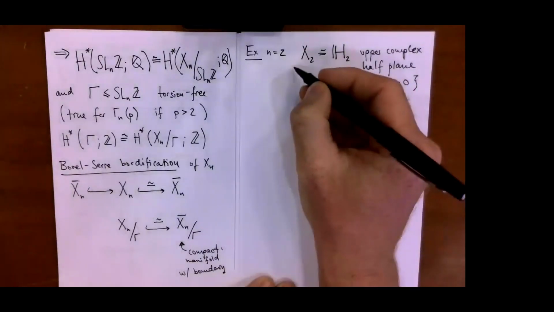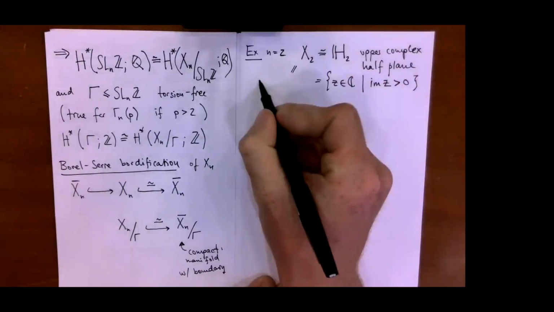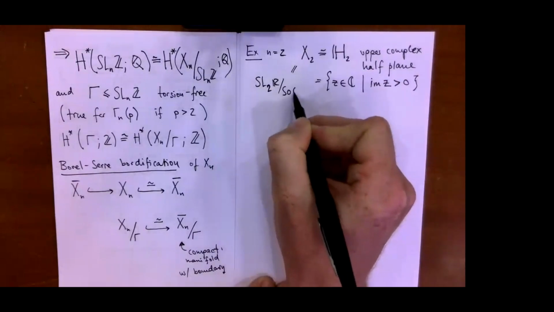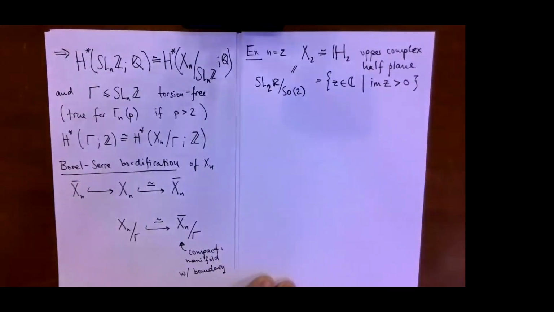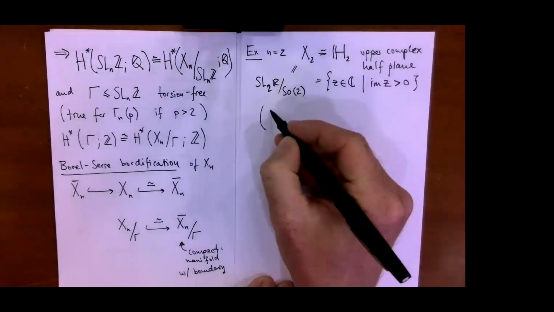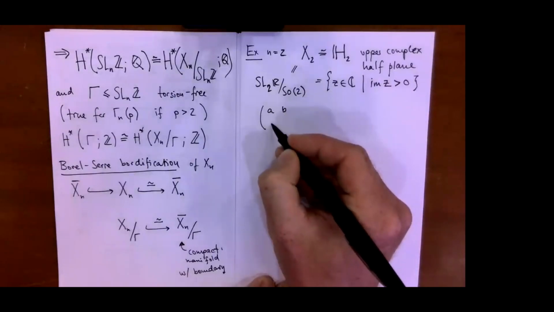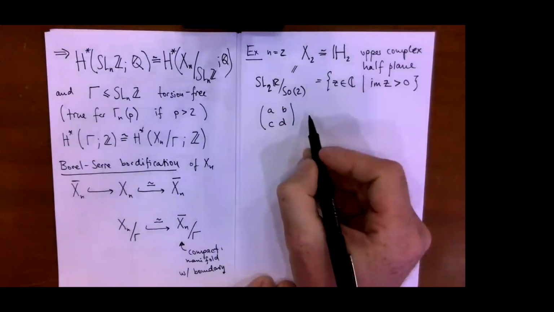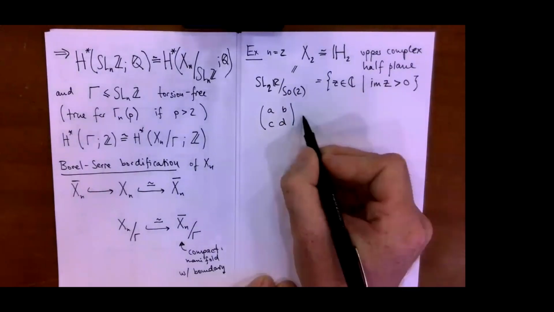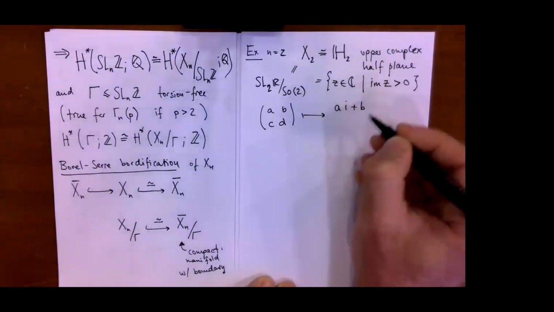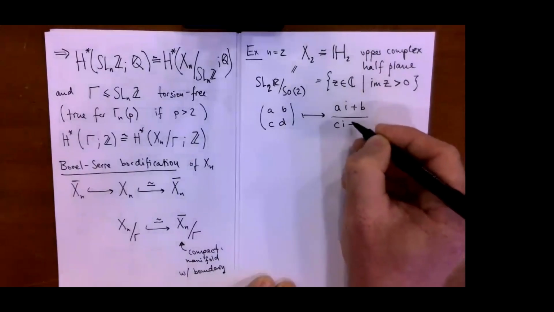You recall I defined this as SL2(R) mod SO2, and let me just explicitly give you this map. This isomorphism, homeomorphism, goes from a matrix like this to (ai+b)/(ci+d).